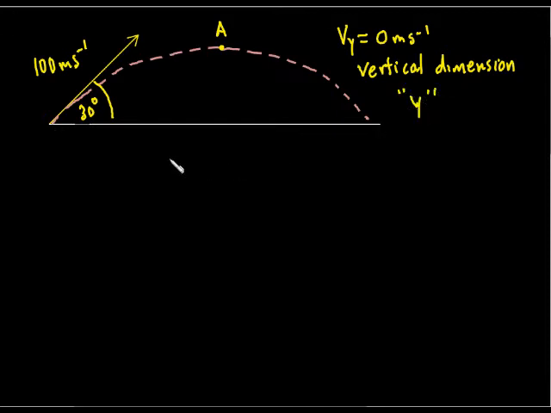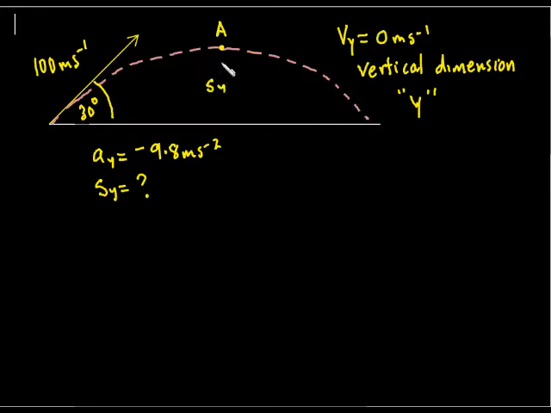Let's now think about what we know in the vertical dimension. The acceleration, like any projectile here on Earth, is the acceleration of gravity, which is 9.8 meters per second squared, always directed straight down, hence the negative. We are trying to find Sy, so we'll put a question mark there.